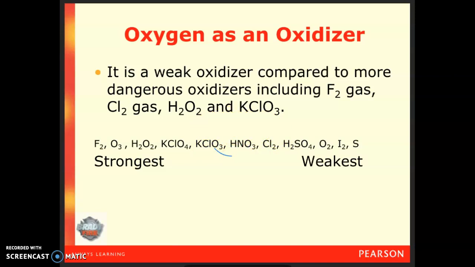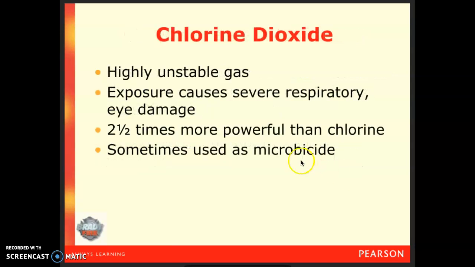But what we use it for is as a microbiocide. We can throw chlorine dioxide into a room, and it'll kill all of the bacteria, all of the viruses, everything in that room that is a potential biohazard. It's really effective because of its reactivity, and because it's in the gas phase, it's able to spread out in the room a lot more easily.